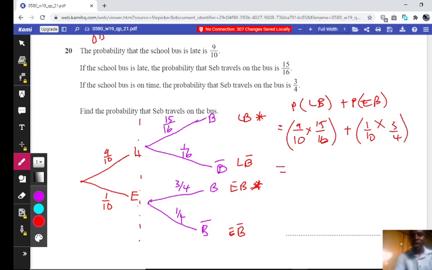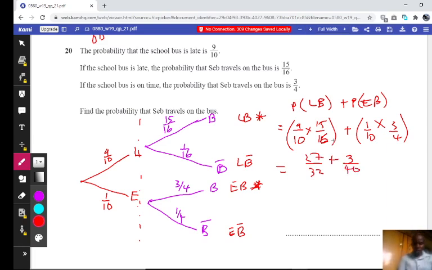You can simplify this using your calculator. 9 over 10 times 15 over 16, on this part you get 27 over 32, plus this one, you get 3 over 40.